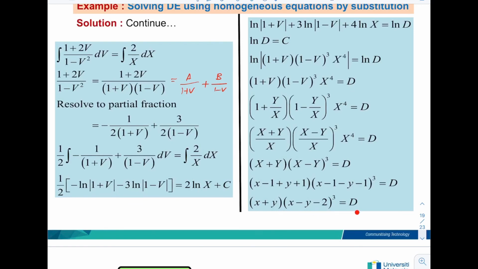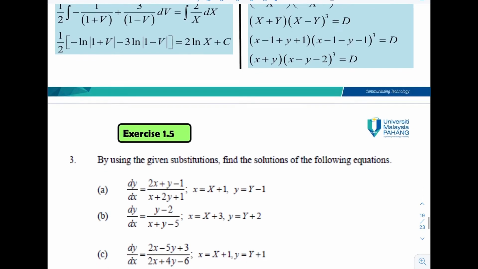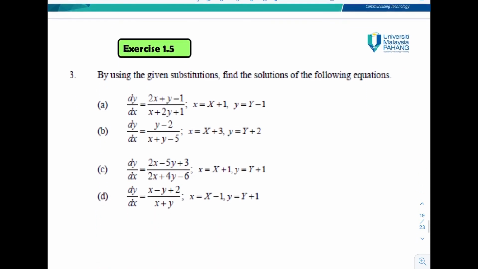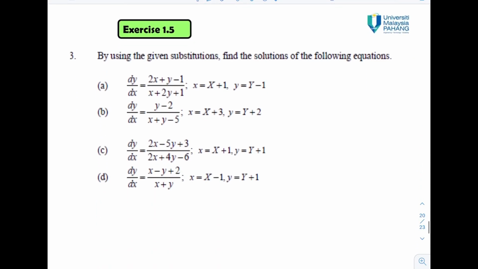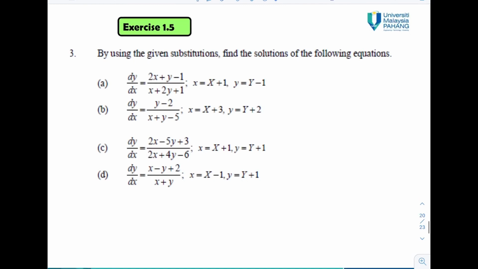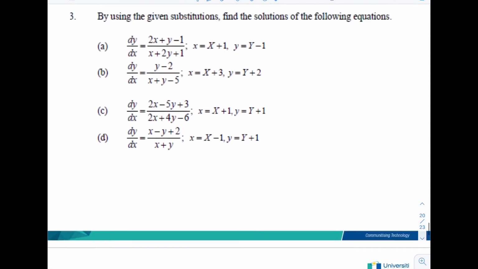So leave your final answer as simple as you can, and remember that you have to leave your final answer by using the original variables. So this one is the homogeneous equation by substitution. You can try all this. Okay, so that's all. Thank you.